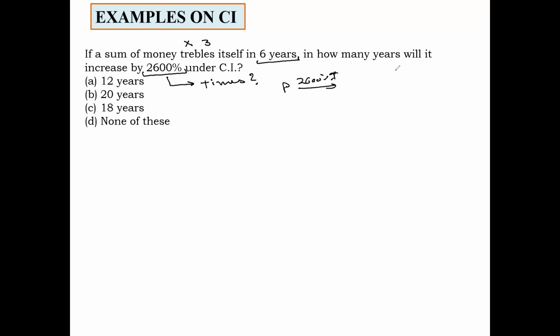If there is an increase of 2600%, for example, if the value is P and it increases by 100%, it does not become 1P, it becomes 2P. So this value into 1 plus 2600 upon 100. Therefore, if P has to increase 2600%, it will become 26 plus 1, 27P. So basically, the question says if a sum of money becomes 3 times in 6 years under CI, how many years to become 27 times?